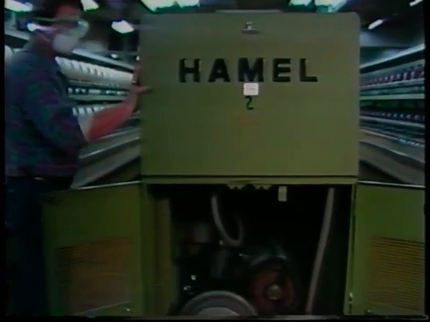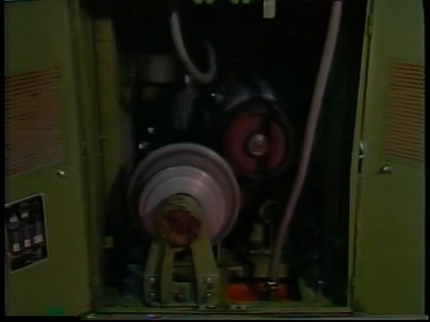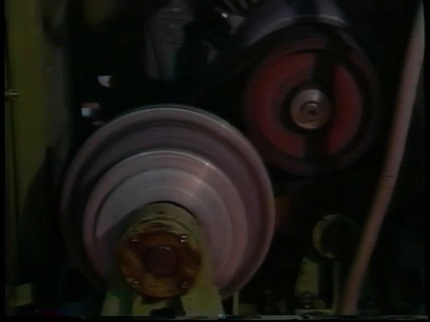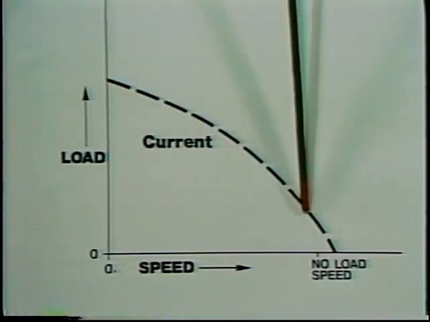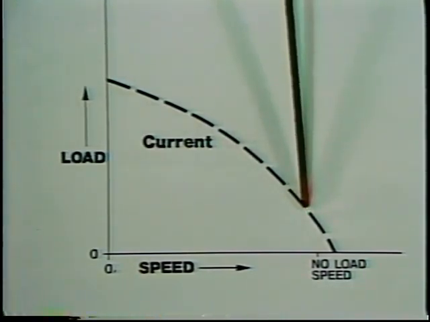High rotor current means high stator current, strong rotor and stator poles, and a lot of torque to either drive a large load or accelerate a motor up to speed. When the motor is running at full speed, the rotor is turning almost as fast as the magnetic flux. Rotor current is considerably lower, so stator current, the current drawn by the motor, will also be low.